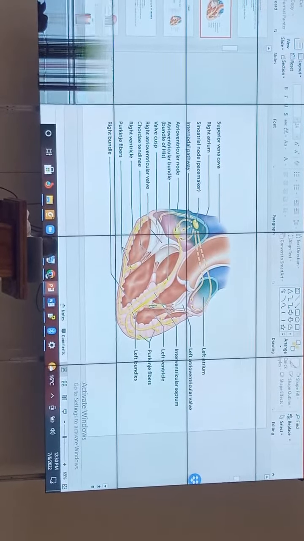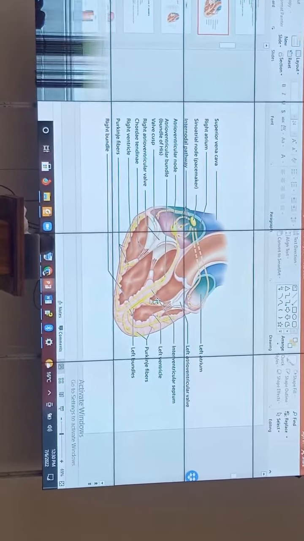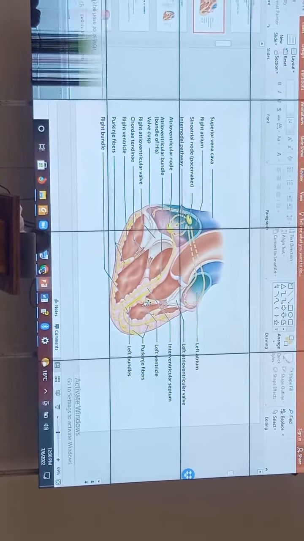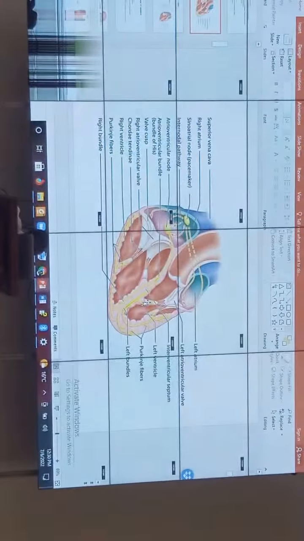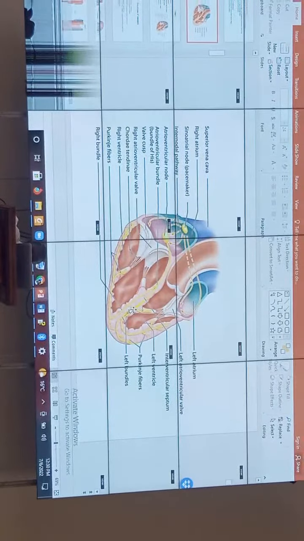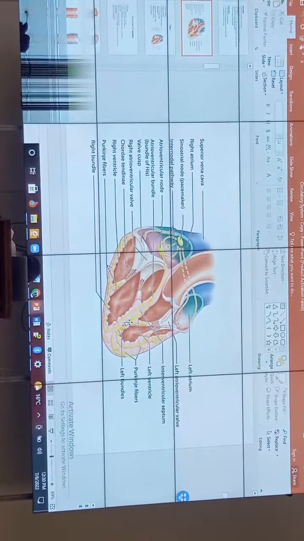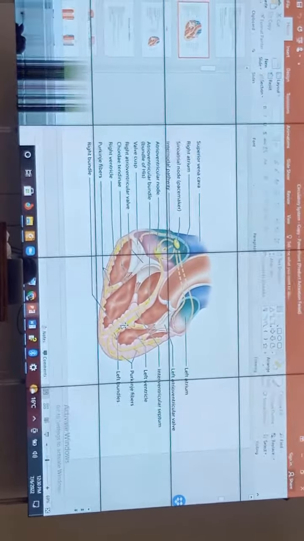What did we call this structure here, onto which these are attached? The papillary muscles. A papillary muscle, isn't it? And because they are muscles, they need to contract, so they need innervation as well.